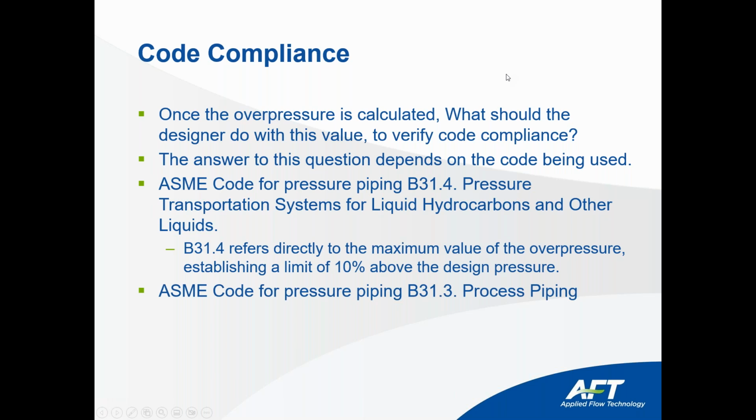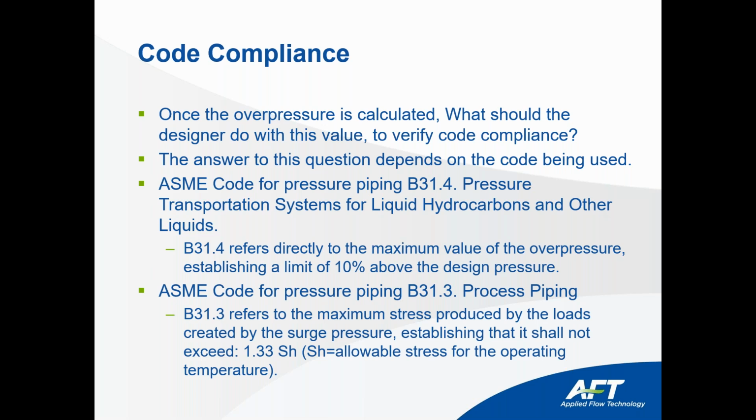When we're talking about the ASME B31.3 process piping code, B31.3 refers to the maximum stress produced by the loads created by the surge pressure, and establishes that it should not exceed 1.33 SH, where SH is the allowable stress for the operating temperature.